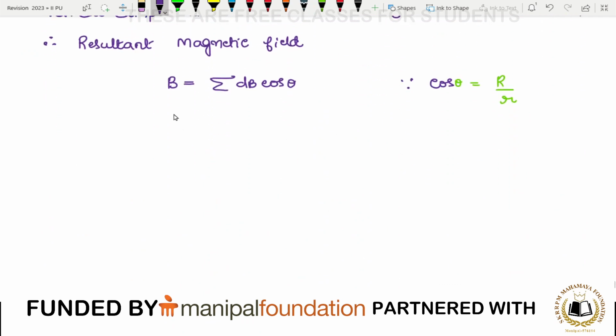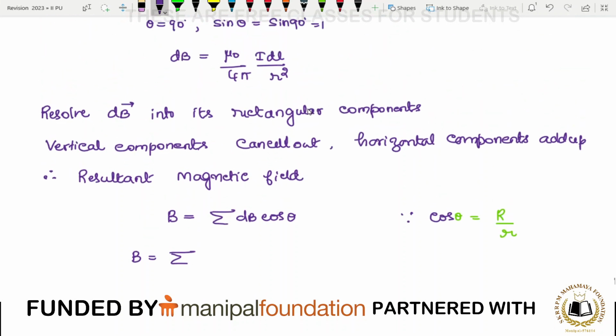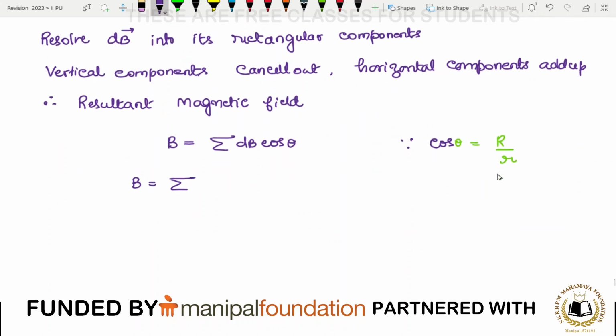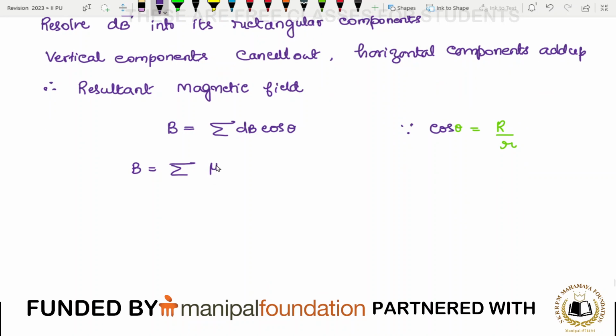So I already wrote it here. Therefore, substitute now. So B is equal to summation of dB. dB value, how much here? dB value is here: mu naught by 4 pi I dl divided by r square, and this cos theta value, capital R divided by small r.